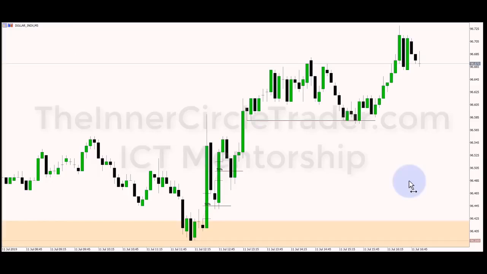Okay, so here's that 5-minute chart on the dollar index. We have the daily order block and the consequent encroachment. Price creates that market shift here, breaking this high. And we have the fair value gap existing between here and here. Midpoint or consequent encroachment of the gap. Price trades down to it. There's an entry point there.